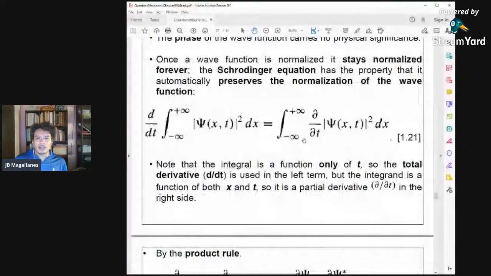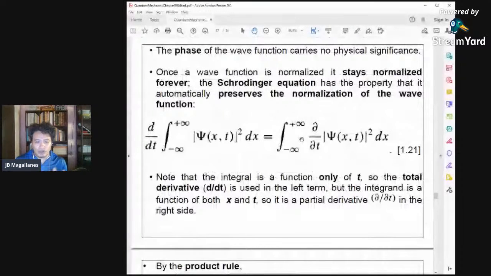So how do you preserve a wave function? If the normalization is preserved for a certain time, then the derivative with respect to time should be equal to 0.